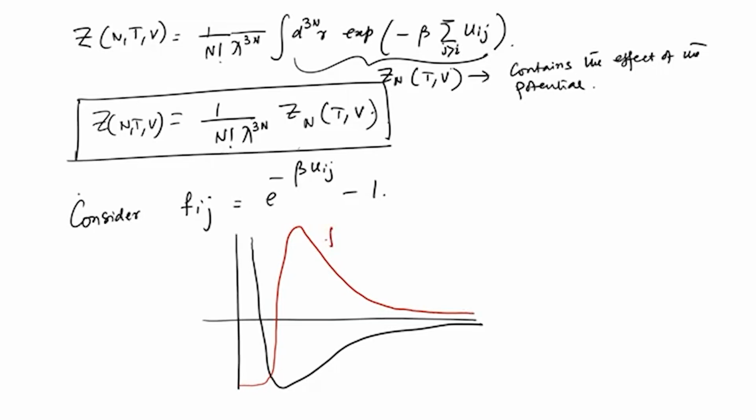So, this red color is f_ij and the black color is u_ij. These things are plotted as a function of r. If you want to know how it looks, they are really aligned, that is, the maximum of f_ij and the minimum of u_ij. So, f_ij is non-zero for an interacting system.